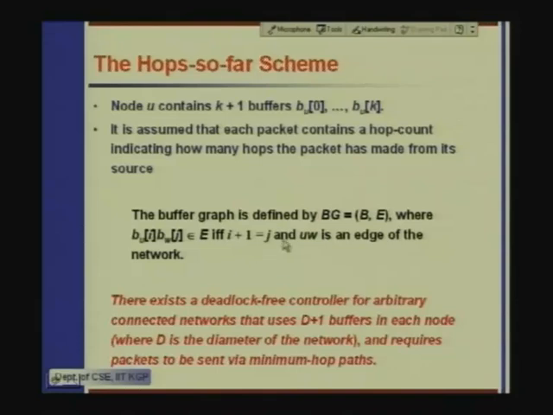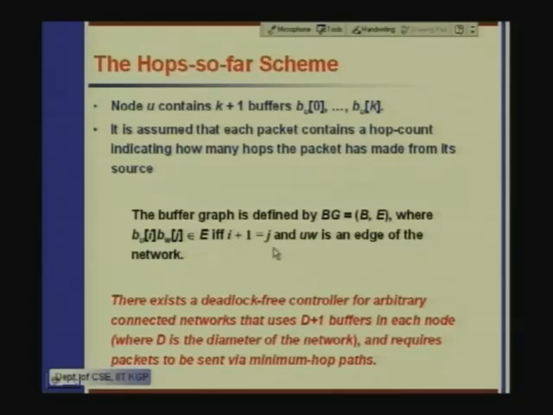That UW is an edge of the network is obvious, because we want to route only along the routing paths of the network. And this is interesting: whenever we have an edge from one buffer in a node U to a buffer in node W, this edge must satisfy the constraint that i plus 1 is equal to j.